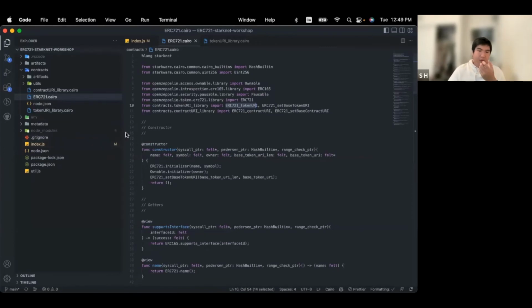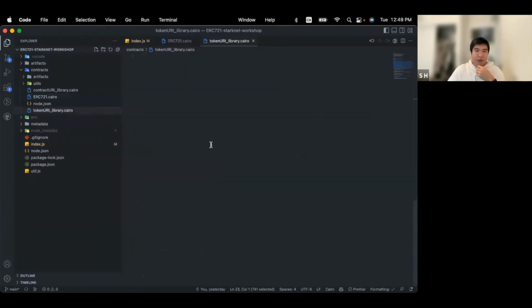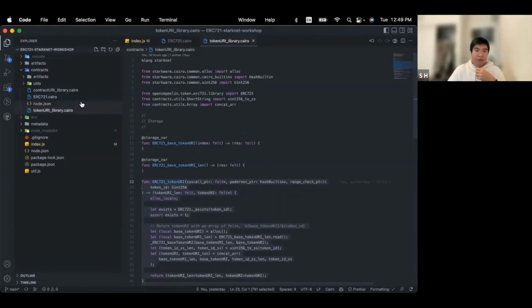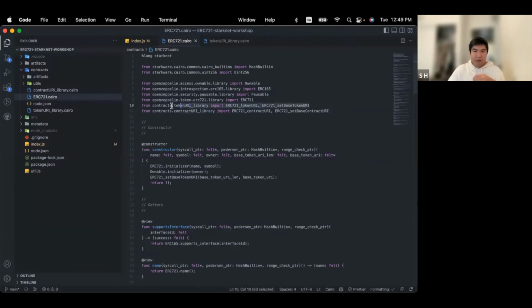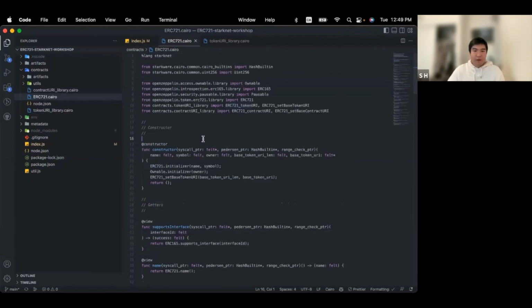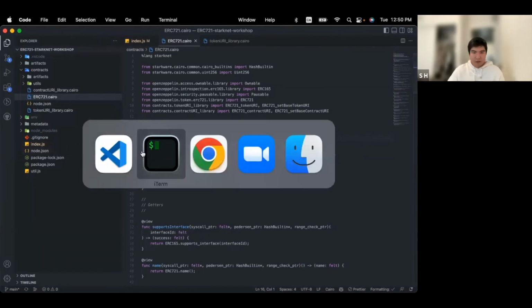So for us, as a workaround at this stage, we have to write our own long string library for our NFT contract, which we import here. But everything else should follow the OpenZeppelin contract. And if you want to learn more about the NFT smart contract/ERC 721, I highly encourage you to look at the OpenZeppelin documentation.